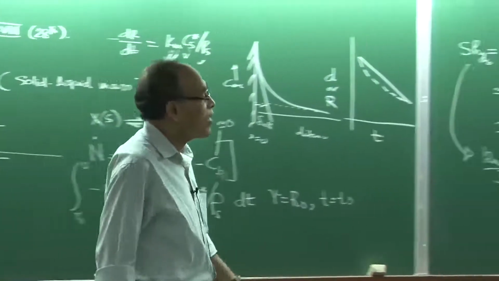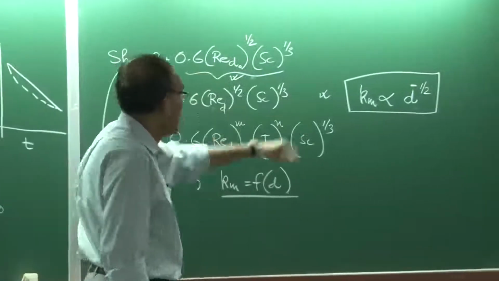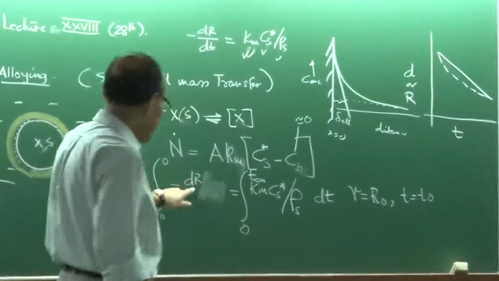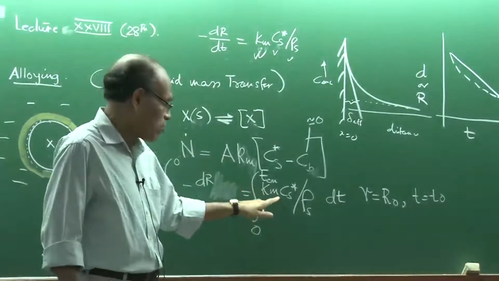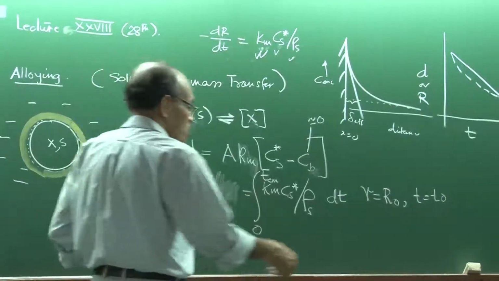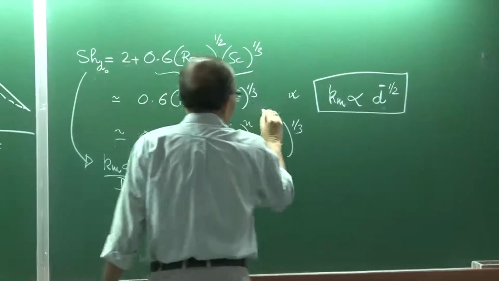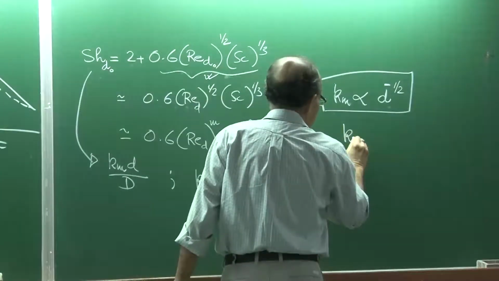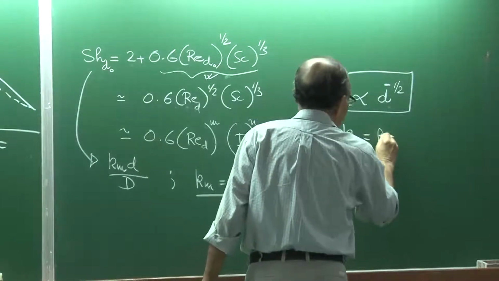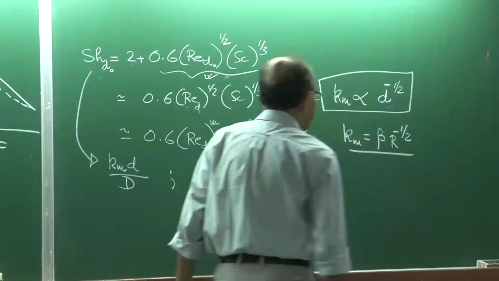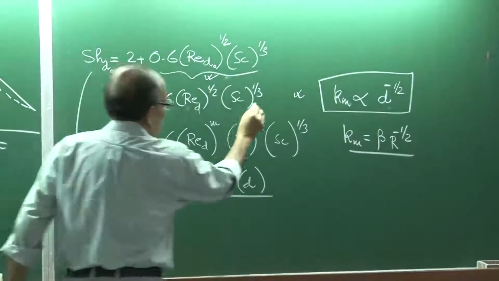But if you took Km to be a function of d to the power half, in that case you have to integrate this, because this side is going to be a function of r. So how are you going to do it? We will say that Km is equal to beta into r to the power minus half. That is the equation that will come from this variation.